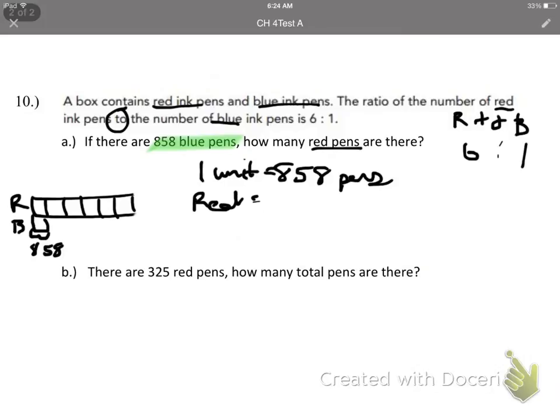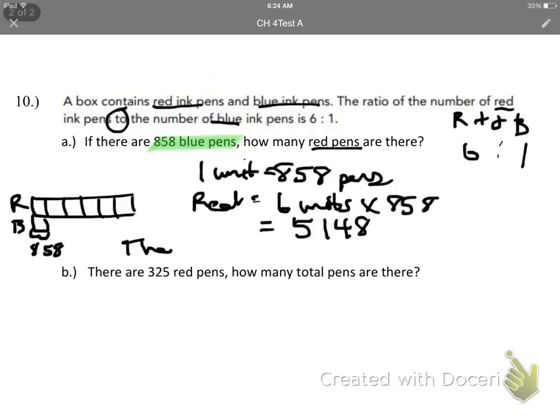So red equals 6 units times 858. So 5,148. There were 5,148 red pens.